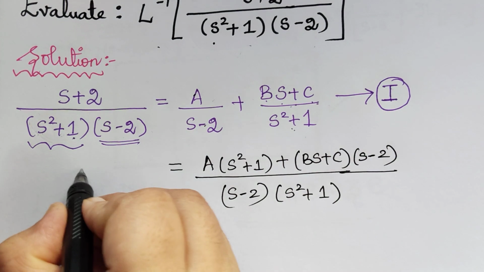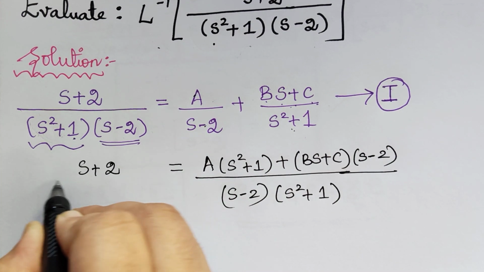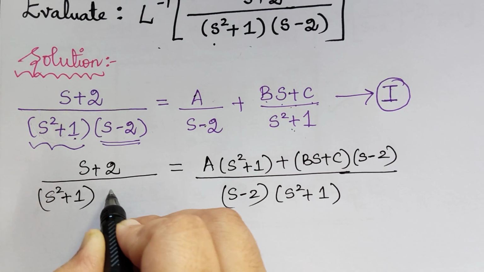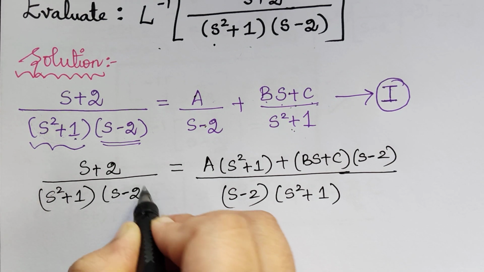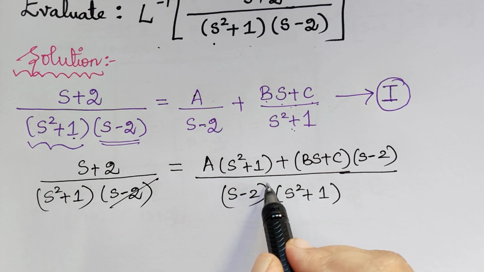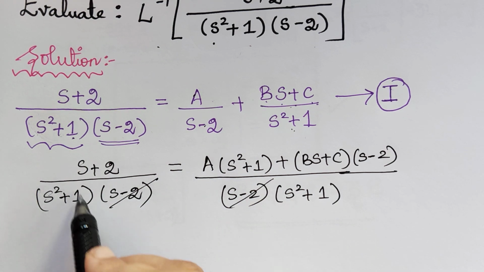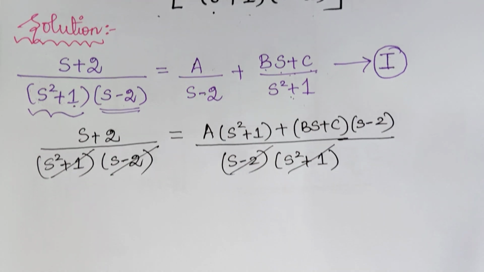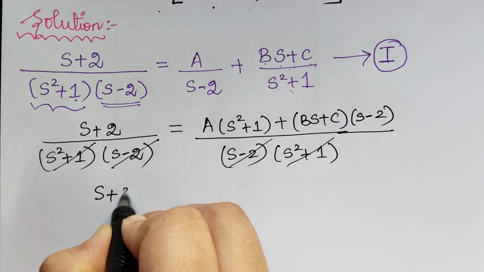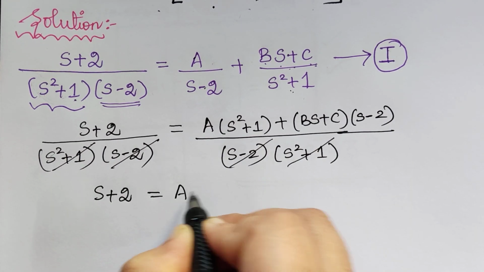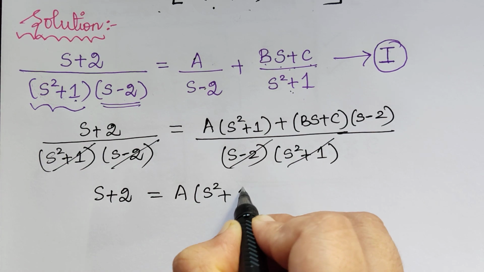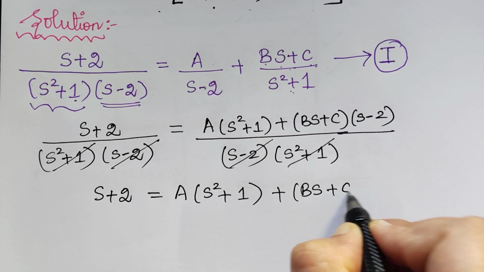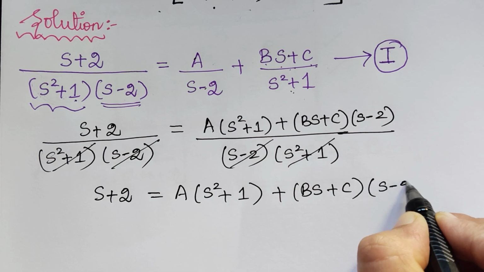And on the left you have s plus 2 divided by s squared plus 1 multiplied with s minus 2. So now if you see, this s minus 2 and s minus 2 will get cancelled, and s squared plus 1 and s squared plus 1 also gets cancelled, and we will have s plus 2 is equal to a multiplied with s squared plus 1 plus bs plus c multiplied with s minus 2.